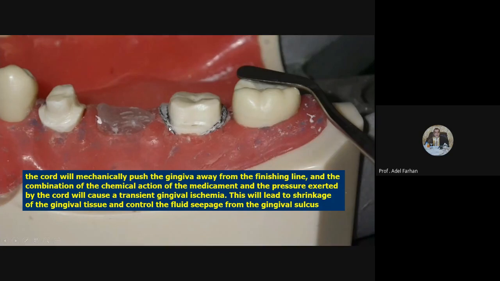You leave it in the area, and as we said, you control it with complete isolation, and you keep it isolated until the 5 to 10 minutes of retraction are over. After 10 minutes you have to remove this retraction cord.